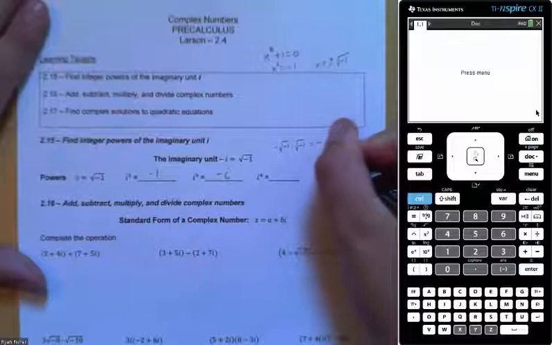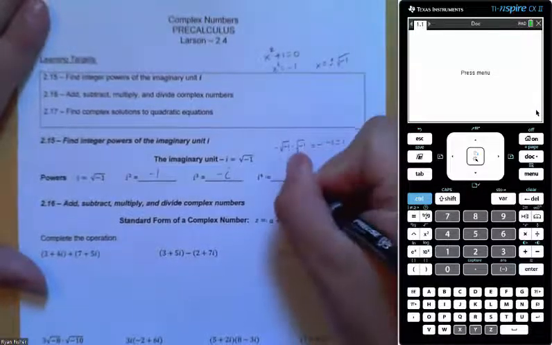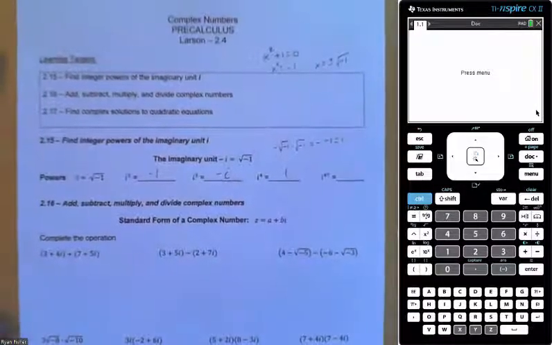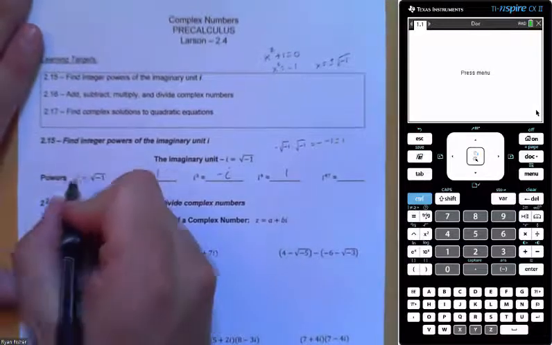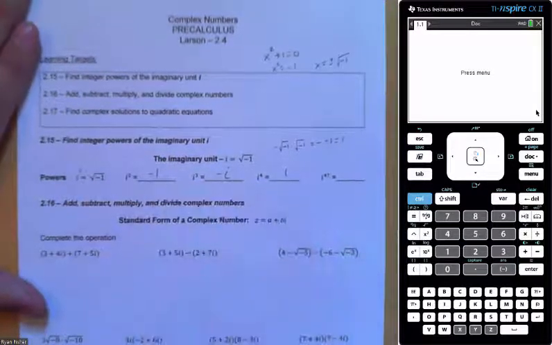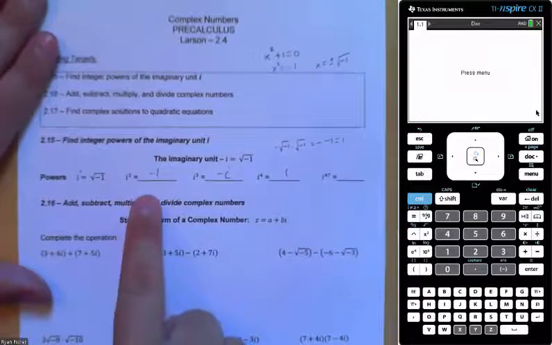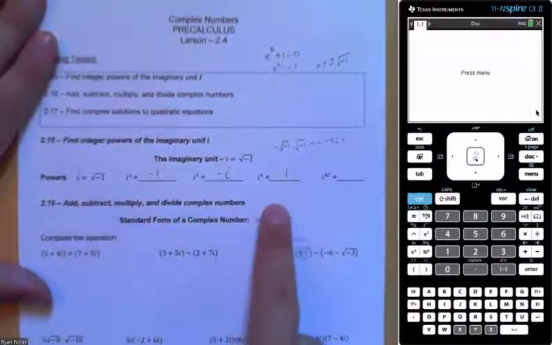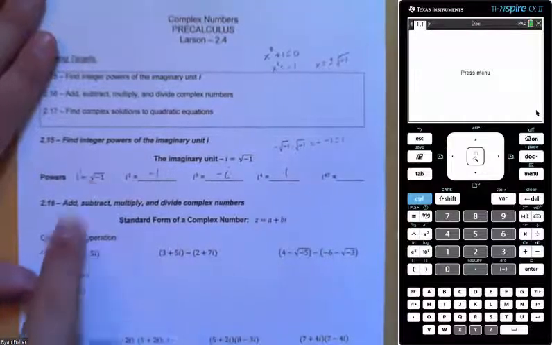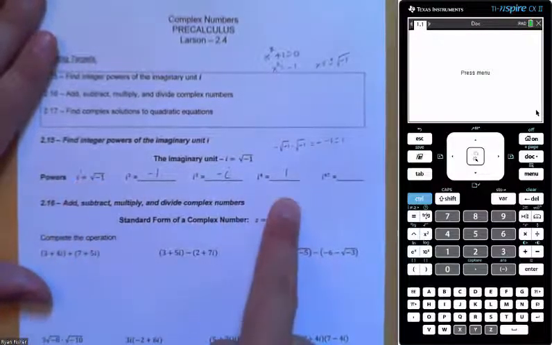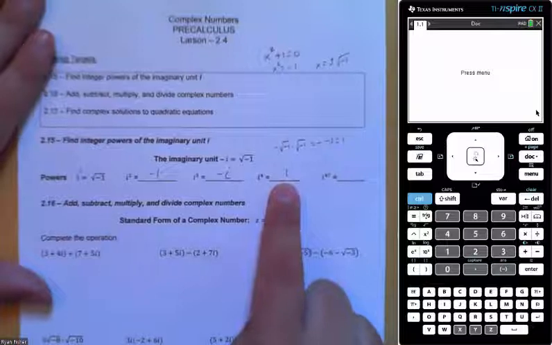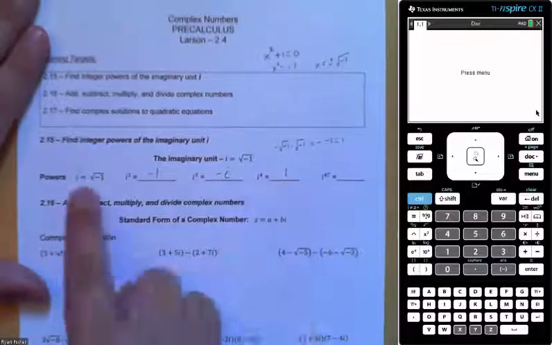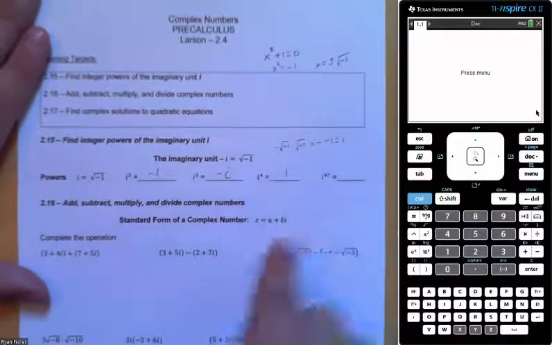That's minus negative 1, which is just 1. And you're back to the beginning. What it says is that the system is actually kind of what's called cyclic, in that every four steps it repeats. So the fifth step goes back to i to the first power, and so on. So with this in mind, you can find actually any power of i, because it just repeats every 4 steps.